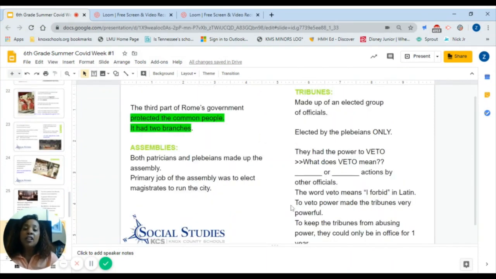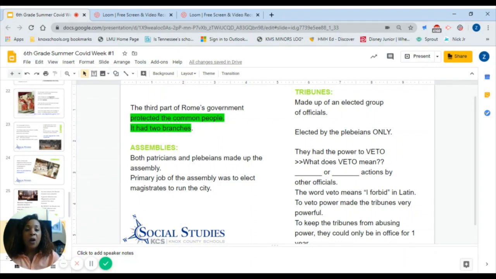The third part of Rome's government protected the common people. It had two branches. The assemblies: both patricians and plebeians made up the assembly. The primary job of the assembly was to elect the magistrates to run the city. Next, tribunes. The tribunes were made up of an elected group of officials, elected by the plebeians only.